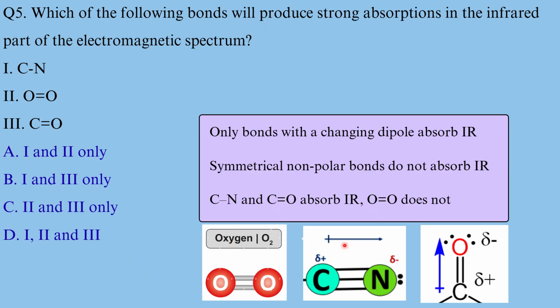If we follow this theory, then the correct option will be B. Why? Because only the carbon-nitrogen bond and the carbon-oxygen bond will show IR absorption. The oxygen-oxygen bond will not show absorption in IR because it is a non-polar bond.